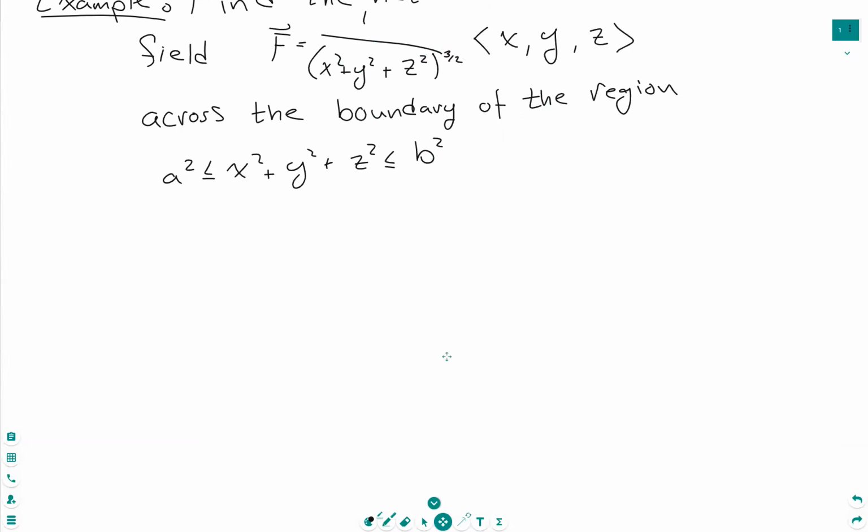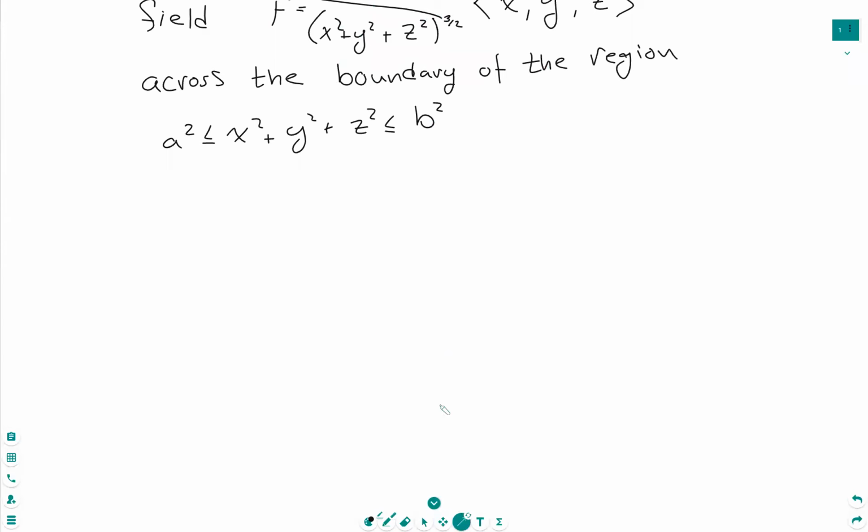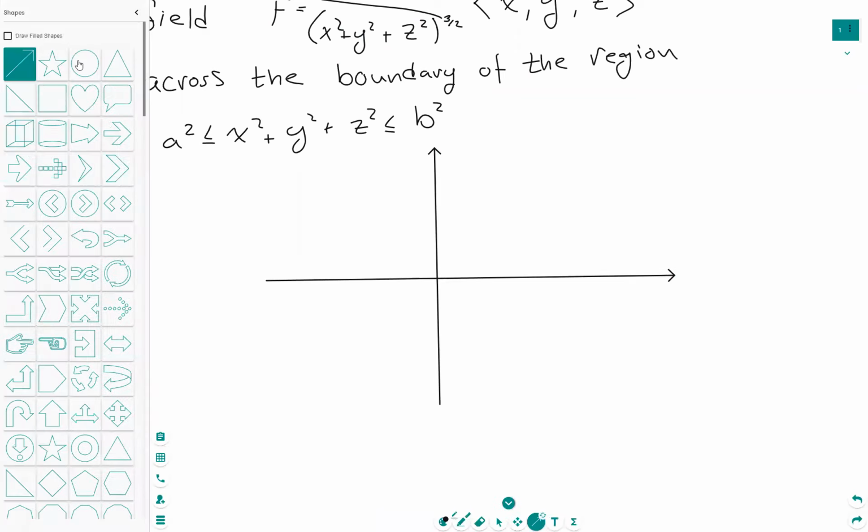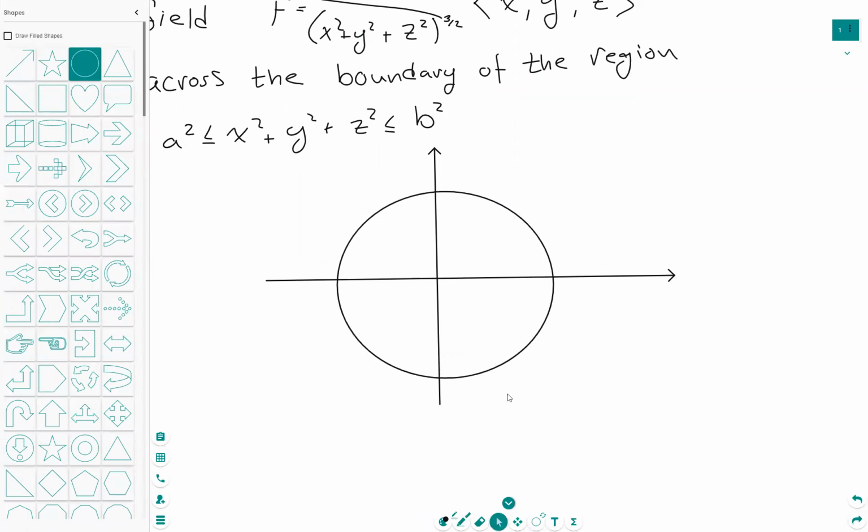So let's do a sketch. Let's just do a cross-sectional view. Can't really draw spheres all too well, especially when we have an inner sphere and an outer sphere, but just a cross-sectional view of what's going on.